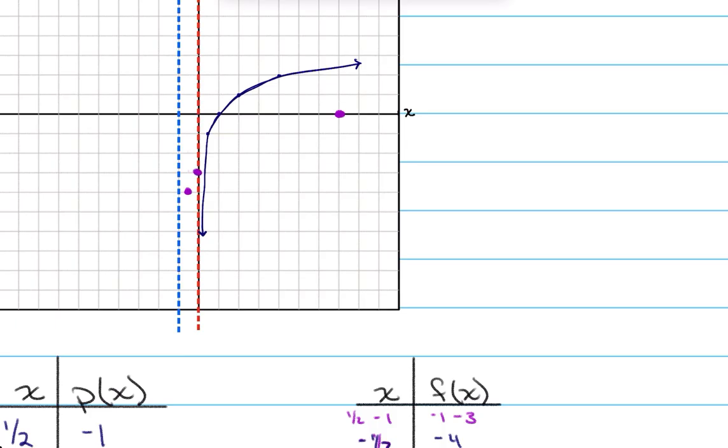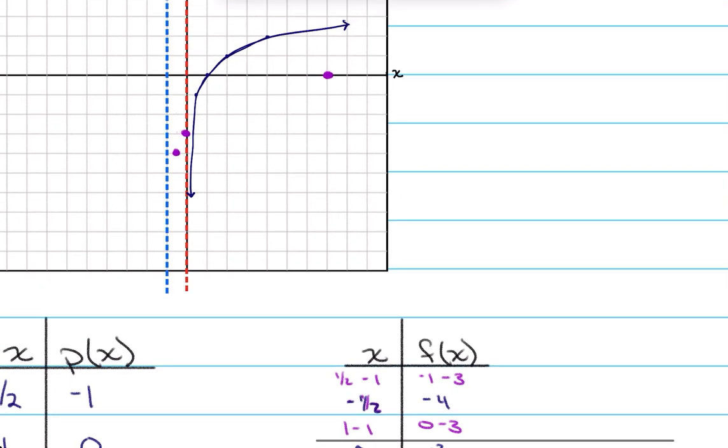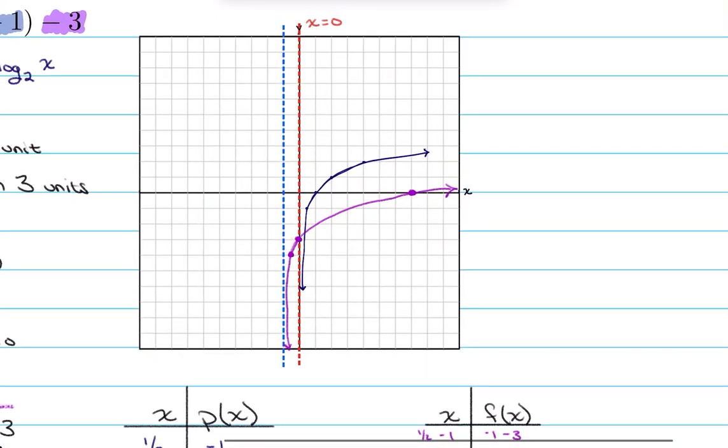Boom. Okay, I'm going to stop there. You can plot all of those points, as many as you want. But remember, then we're going to shift down and go that way. Okay, so that is our shifted logarithmic function.